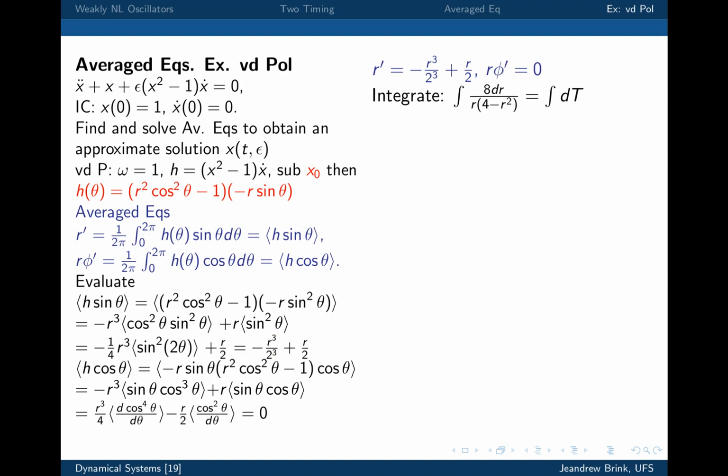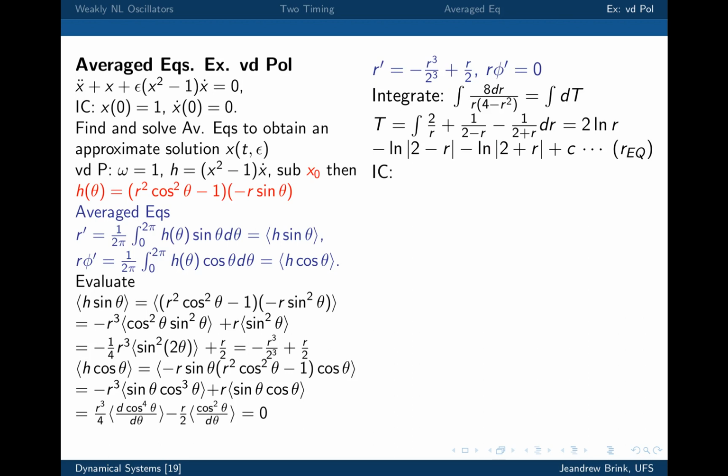If you integrate them, you can integrate this just by breaking it up into partial fractions. You can actually get the relationship between the slow time and r. In fact, you can get r in terms of the slow time by simply doing the integral, and then you take the exponent.